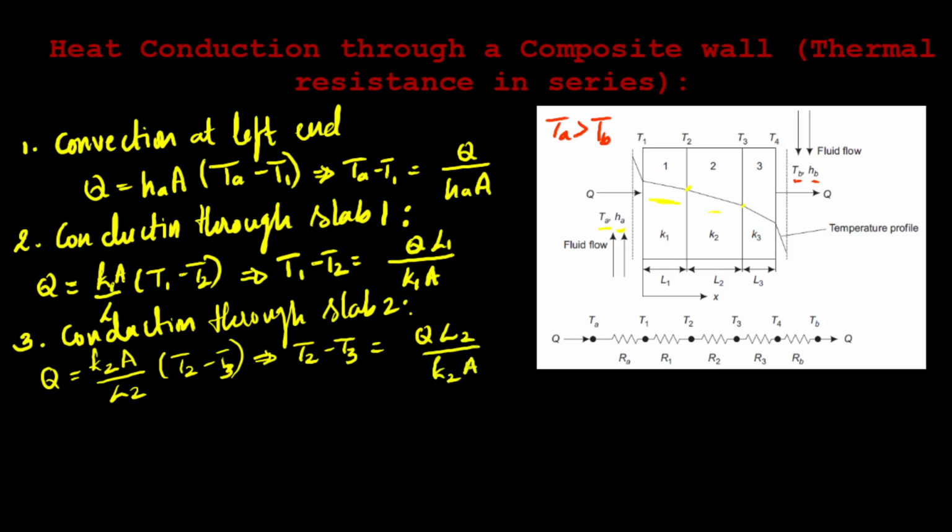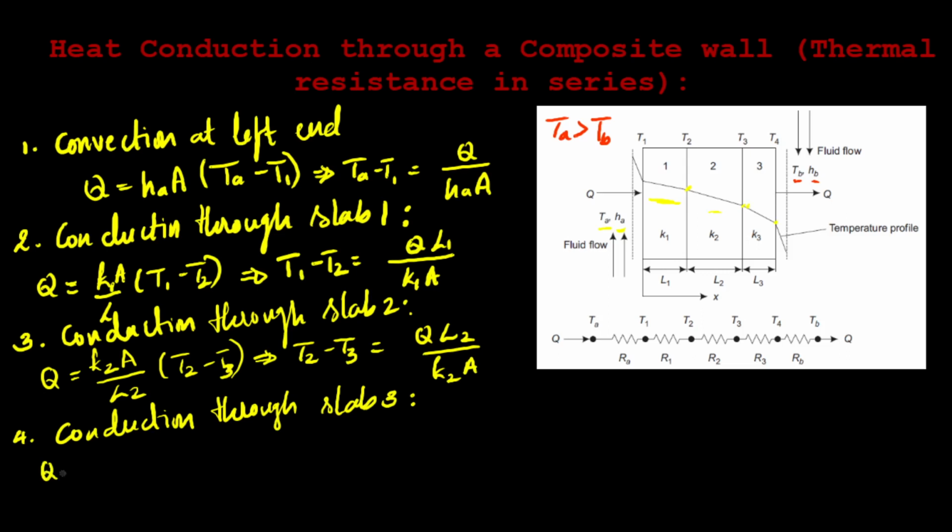So from this I can write T2 minus T3 will be equal to Q into L2 divided by K2 into A. Now I'll consider the fourth case, that is conduction through slab 3. So here on the left face the temperature is T3, on the right face the temperature is T4.